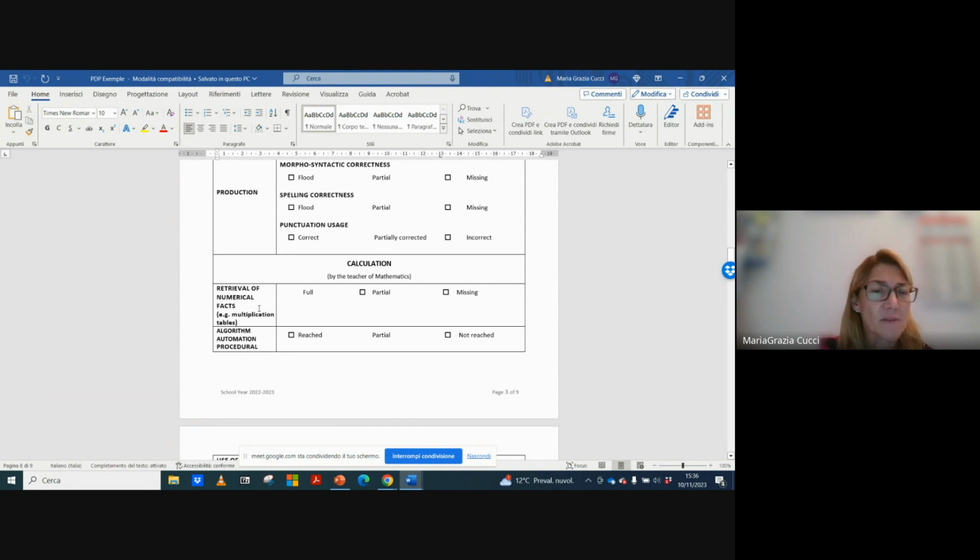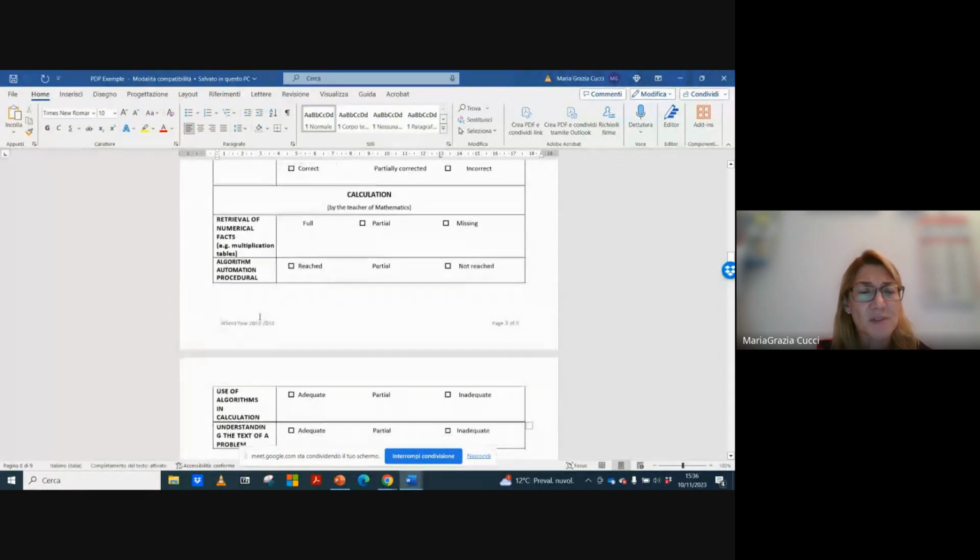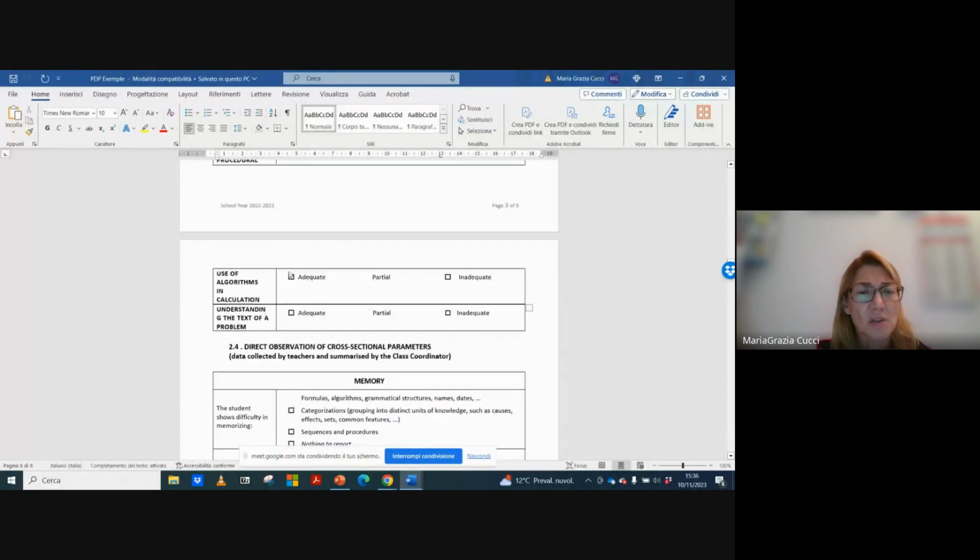Retrieval of numerical facts, algorithmic automation, procedural use of algorithms in calculation, understanding the text of a problem.